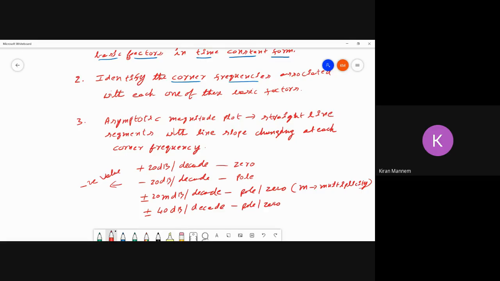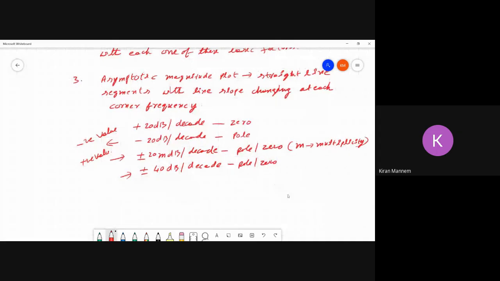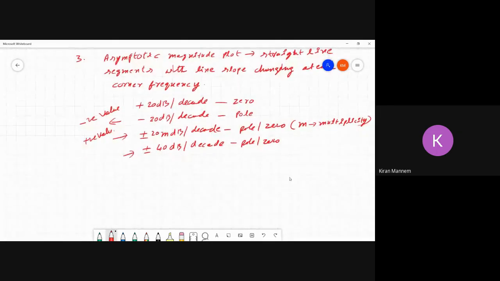For all zeros, it is positive value. And also your magnitude will be doubled for the quadratic poles. It is minus 40 dB. If you have a multiplicity factor, just multiply with them. So this is how you must remember all these values for all the basic factors. So once you remember all these magnitude plot slopes, you can easily construct the Bode plot. This is the third point, very important point.